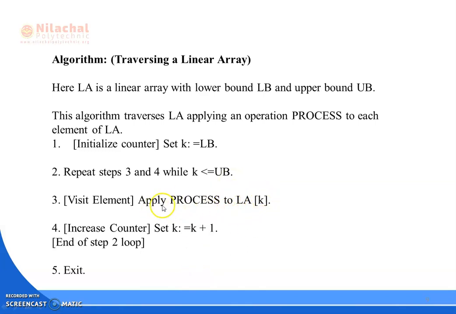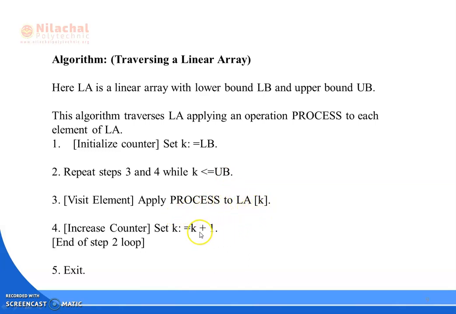After applying any process, such as printing LA of 1, I will increase the k value by 1, that is 1 plus 1, 2. Again I will check: is 2 less than or equal to 2? Yes. Then LA of 2 will be printed or processed.